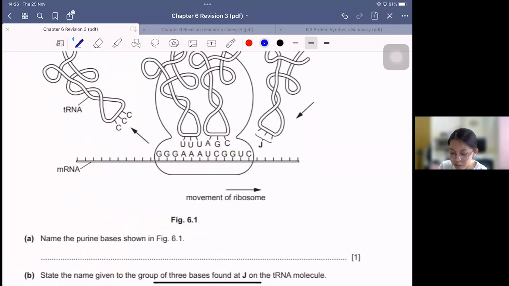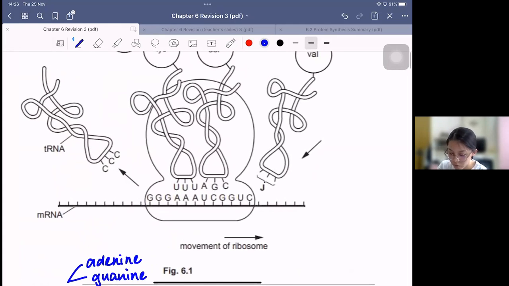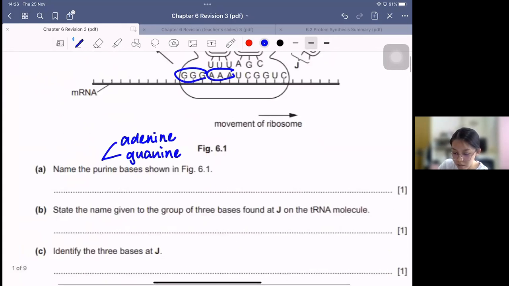As Jing mentioned just now, we have two purine bases: adenine and guanine. If we look at figure 6.1, we can see that there is guanine and there is also adenine. So the answer is adenine and guanine.